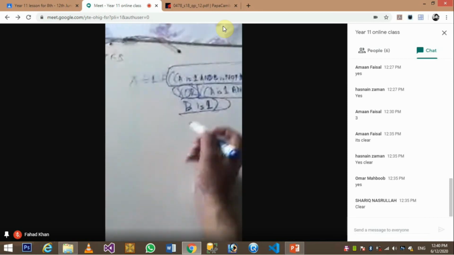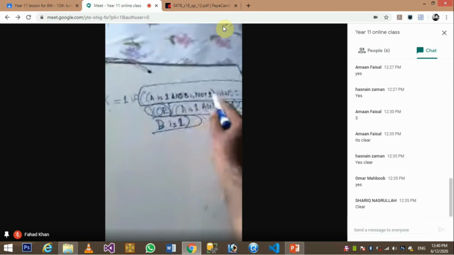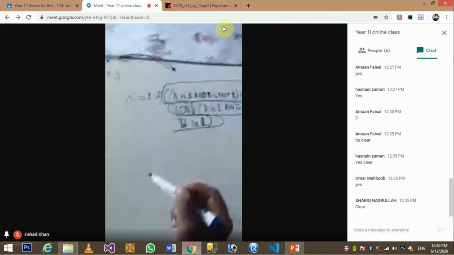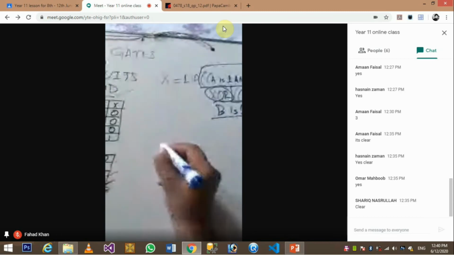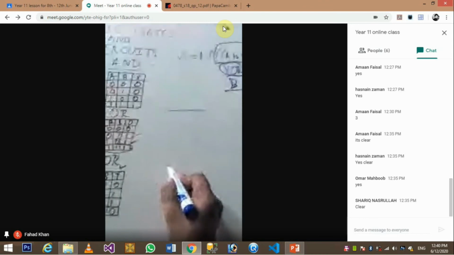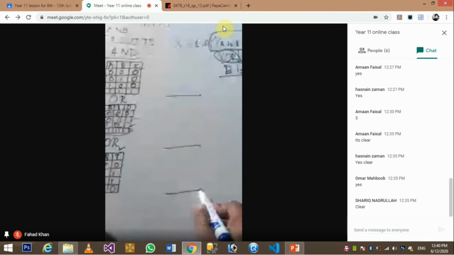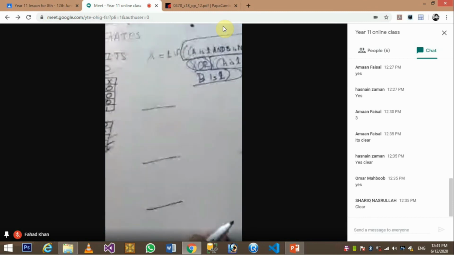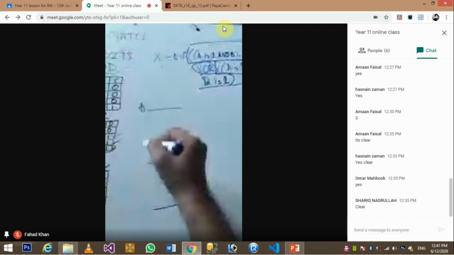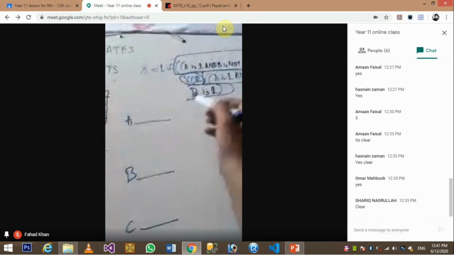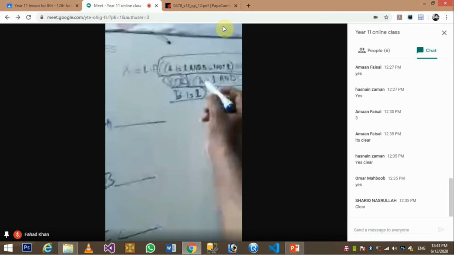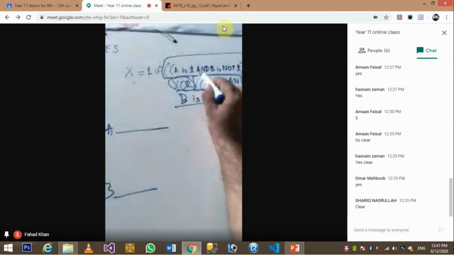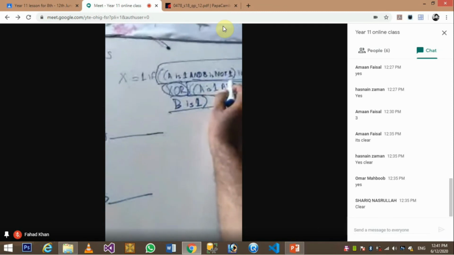All right. A is 1 and B is not 1. A is 1 means we need 3 inputs: A, B, and C. A is 1 means directly it would be connected with the AND gate, in which B is not 1.